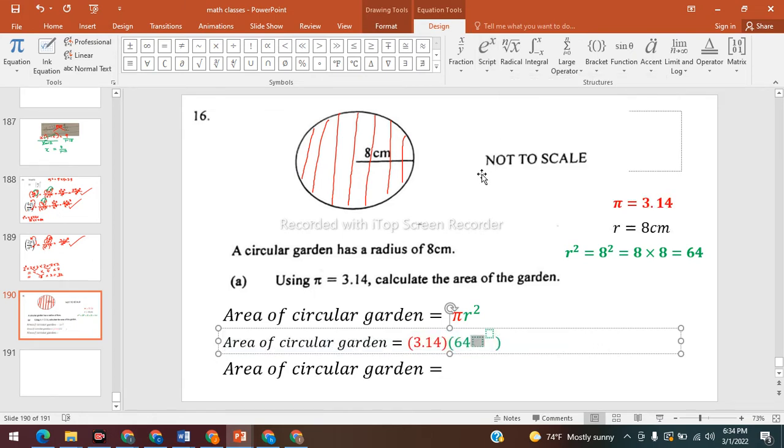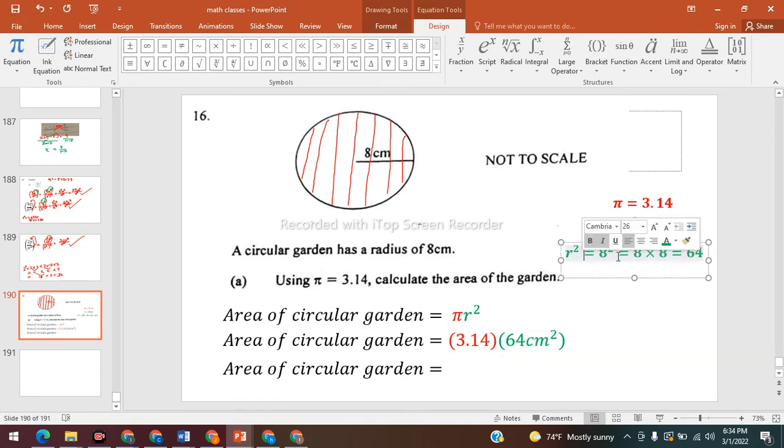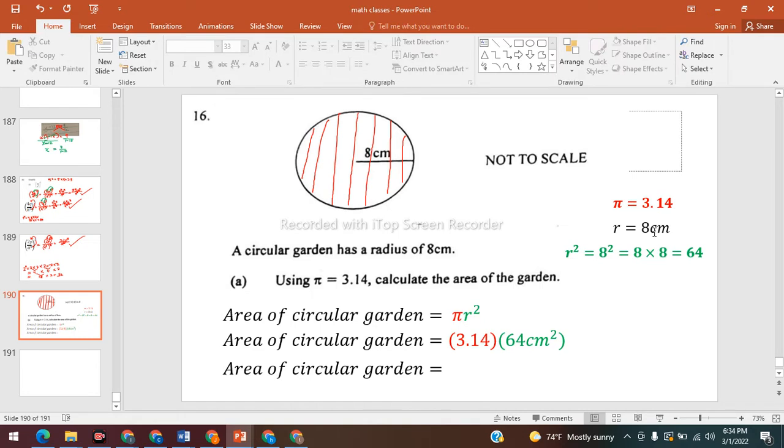The reason why it's centimeters squared is, remember that r is in centimeters.